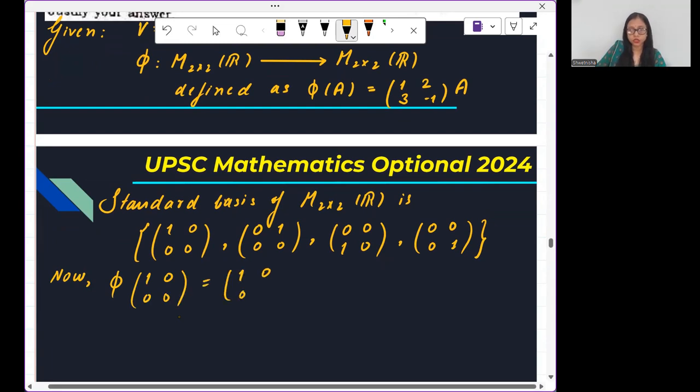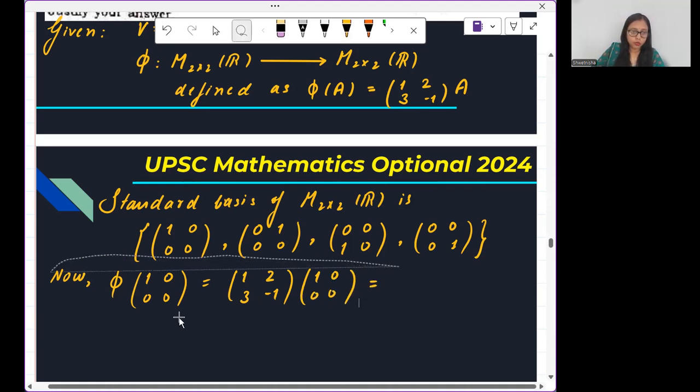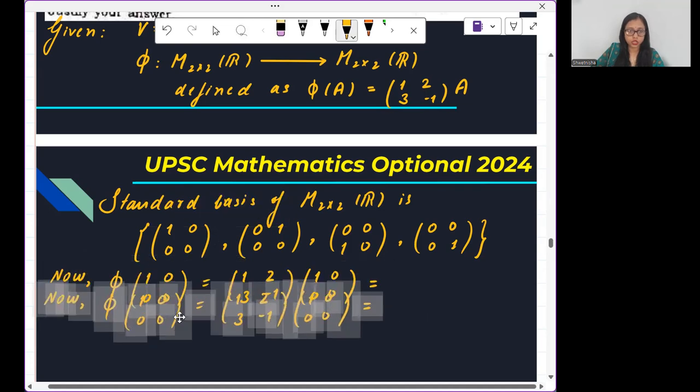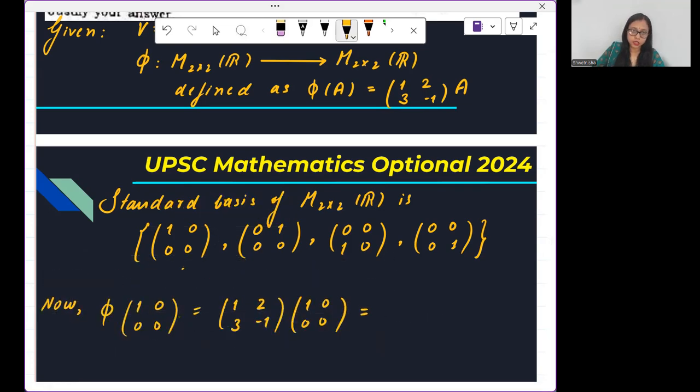It's 1, 0, 0, 0 times A. A is post multiplication. So 1, 2, 3 minus 1 times 1, 0, 0, 0. Right? This is okay. Also, I will use the notation E1, E2, E3, and E4.